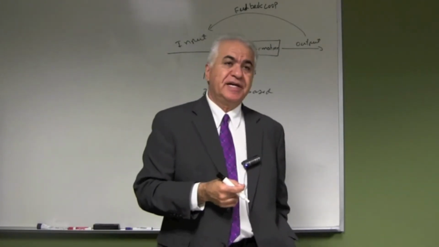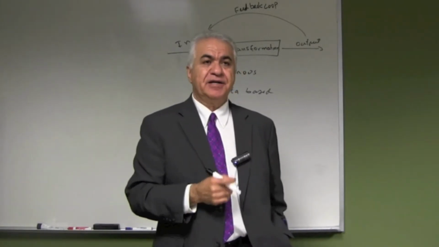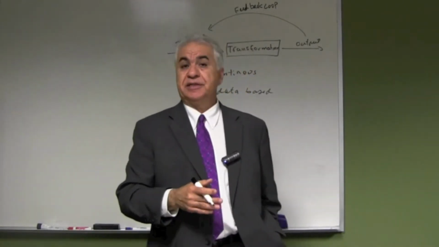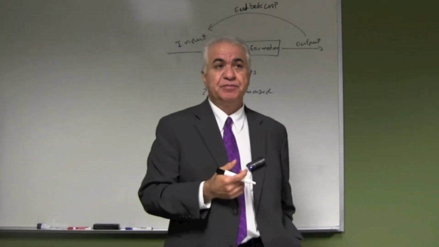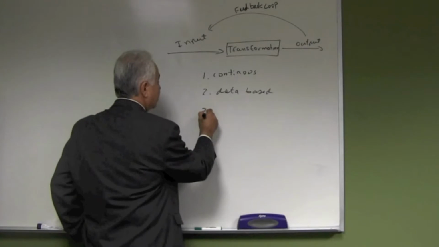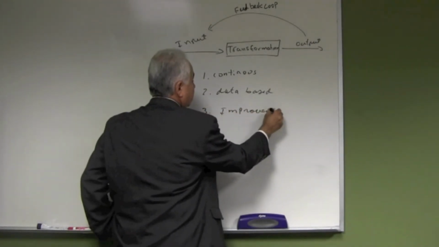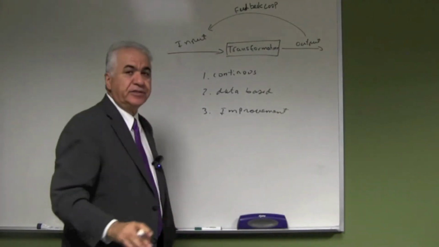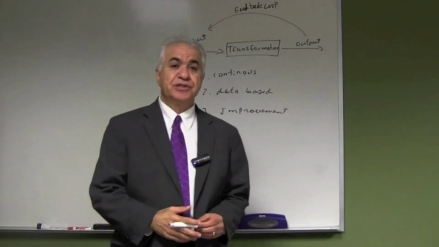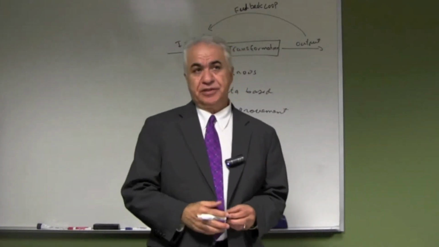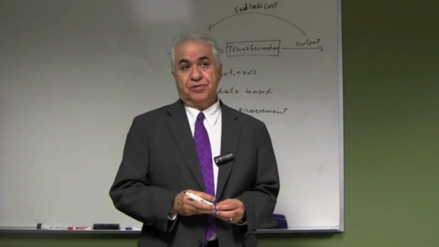The third feature is that the information that is fed back to the process leads to either maintaining the status quo or improving the environment. So it's continuous, it's data-based, and it has to lead to a change or an improvement to the environment of the process. So the feedback loop is very important.